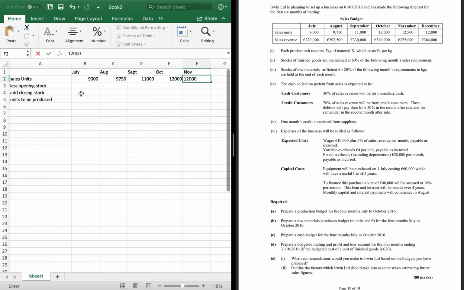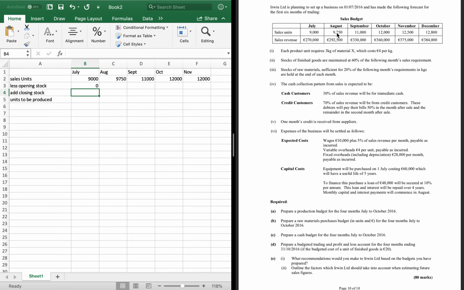Okay, so we're taking away the opening stock. It's a new business, so it doesn't have any opening stock for the first month, but it does have a closing stock. And the closing stock is 60% of the following month's sales requirements. So our closing stock is going to be 60% of August sales.